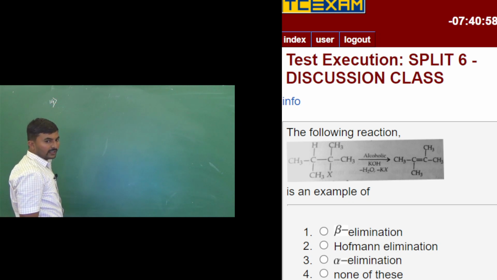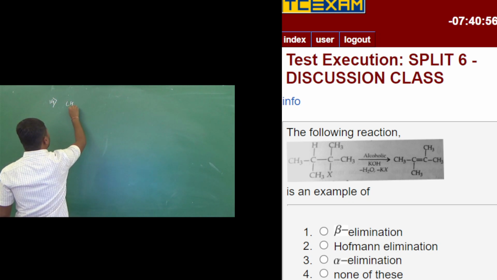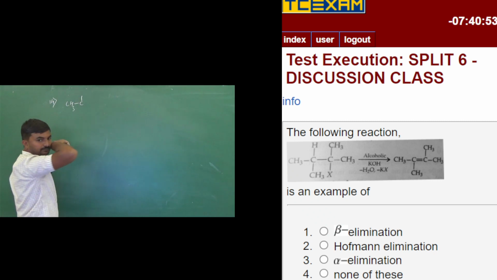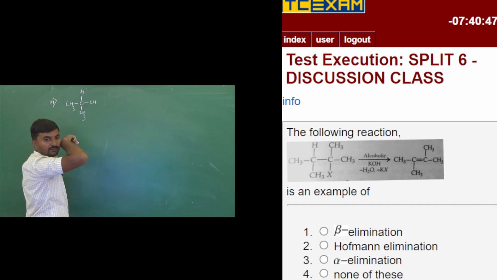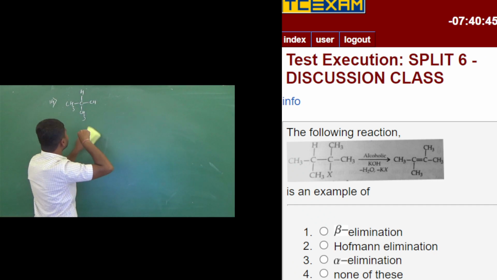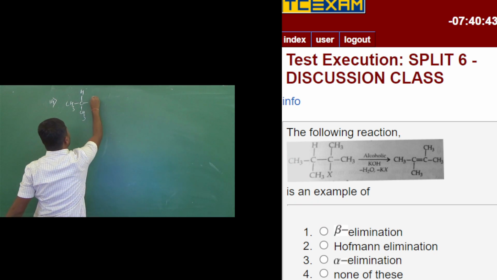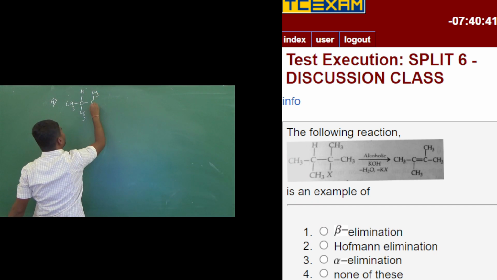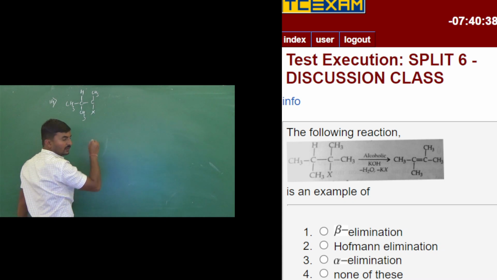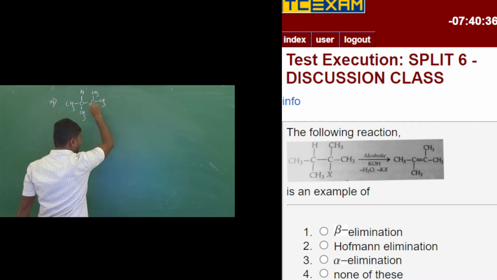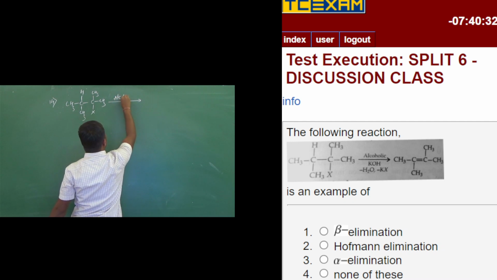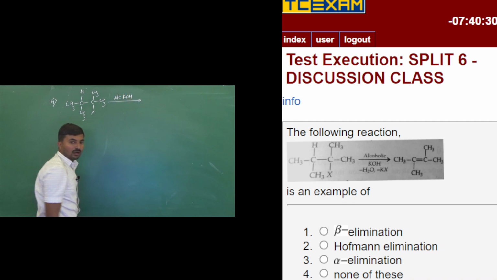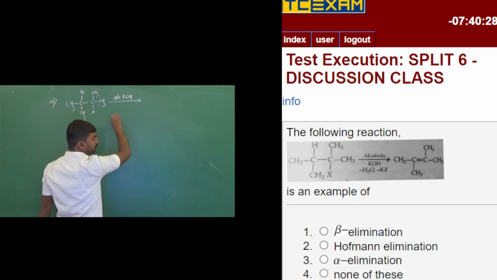So the following reaction: CH3, H, CH3, CH, C, CH3, X followed by CH3, which reacts in the presence of alcoholic KOH.